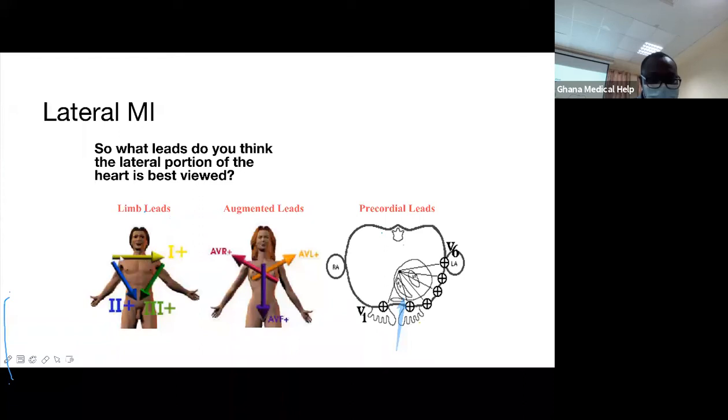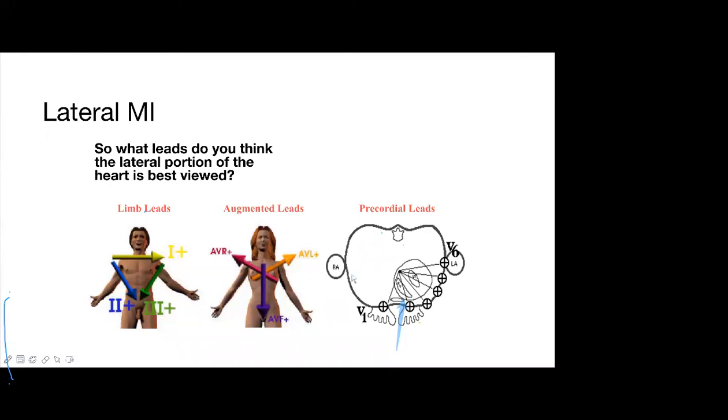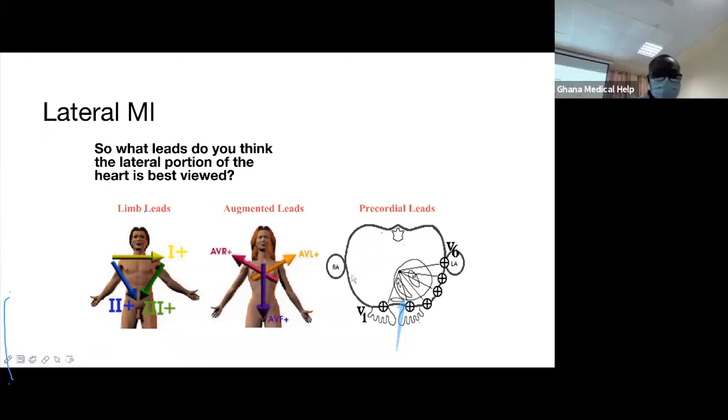Now, in terms of the augmented leads, which of them look at the lateral aspect of the heart? AVL, fantastic. How about the precordial leads from V1 to V6? V5, V6. Fantastic. So we are done.